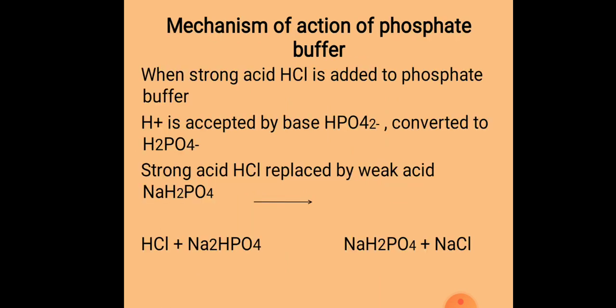Now, the mechanism of action of phosphate buffer. When a strong acid HCl is added to the phosphate buffer, the H plus ions are accepted by the base, HPO4 2 minus, and it is converted to H2PO4 minus.